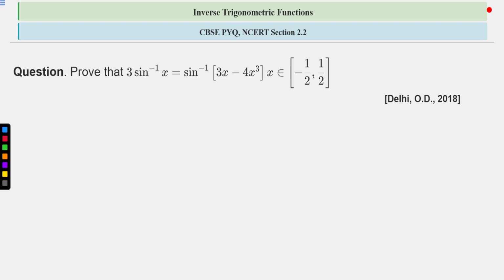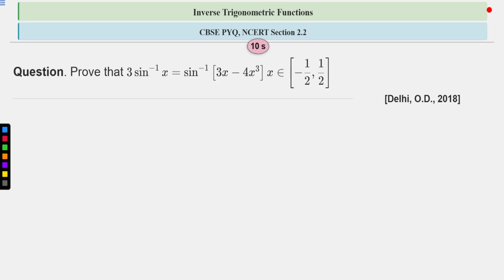Clear? And after putting the value of x as sine theta, and after simplifying this, you can easily get the value of sine inverse(3x minus 4x cube) as 3 theta, only 3 theta. And in place of theta, you can put sine inverse x, right? So in this way, you can try to attempt this question.